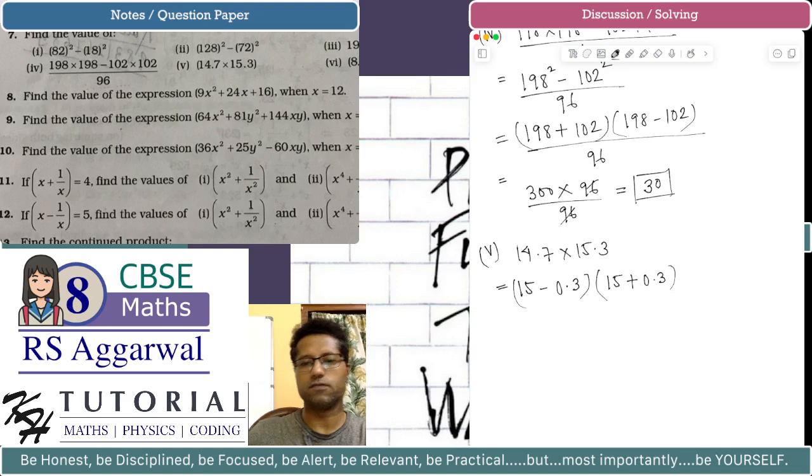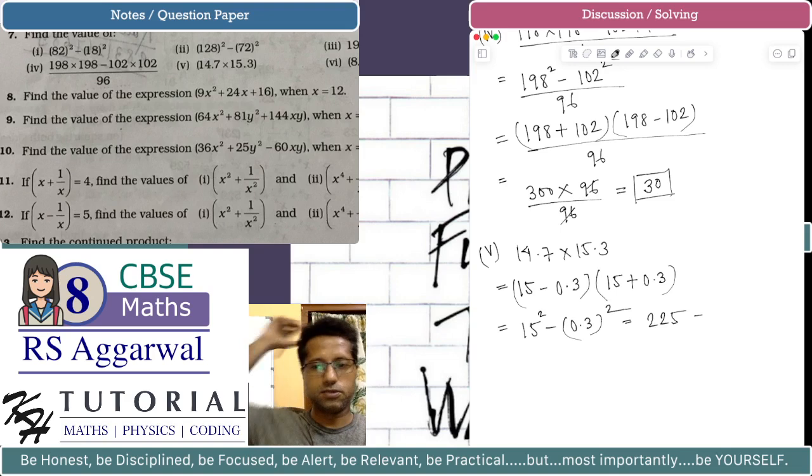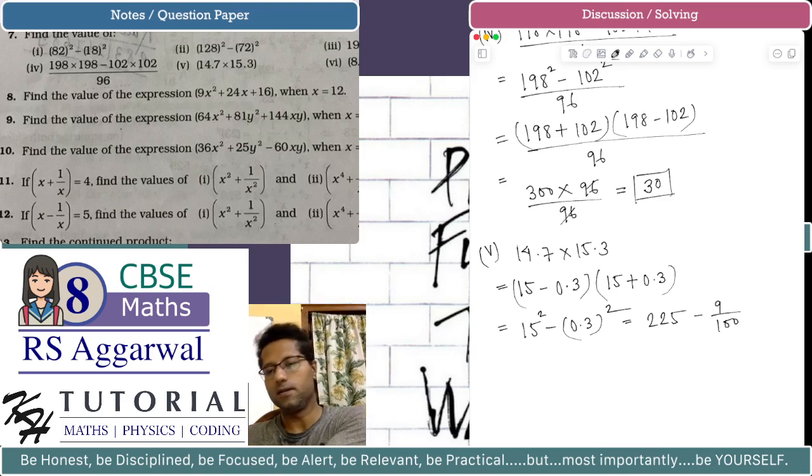So you can see it is of the form a plus b into a minus b, where a is 15 and b is 0.3. So this is equal to a square minus b square. So this is equal to 15 square, which is 225, and 0.3 square is 9 by 100, because 0.3 is 3 by 10 and 3 by 10 square is 3 square by 10 square.